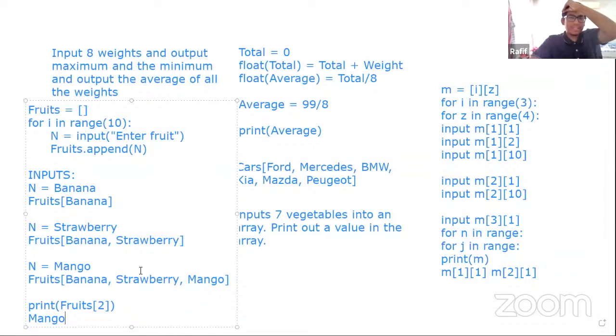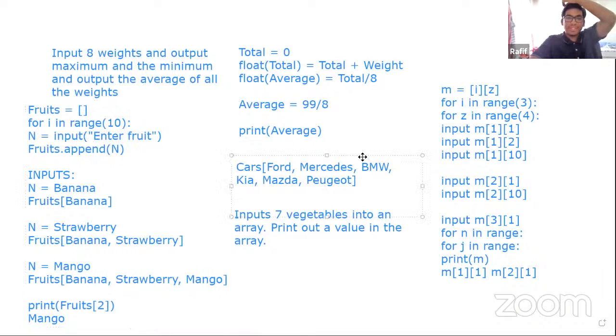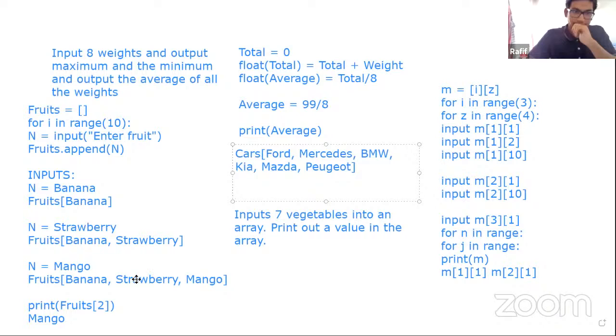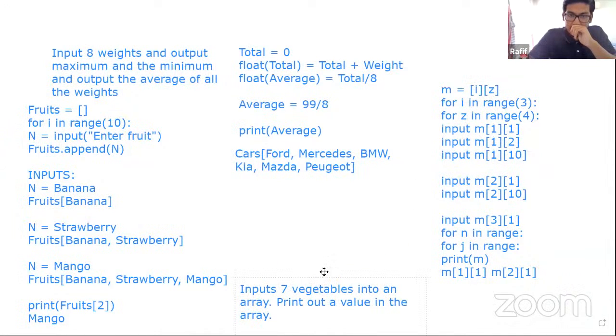All right, so did you see the little presentation when I was talking about cars and printing values from the array cars? Not really, no. All right, so basically, let's say we have this array cars, okay?